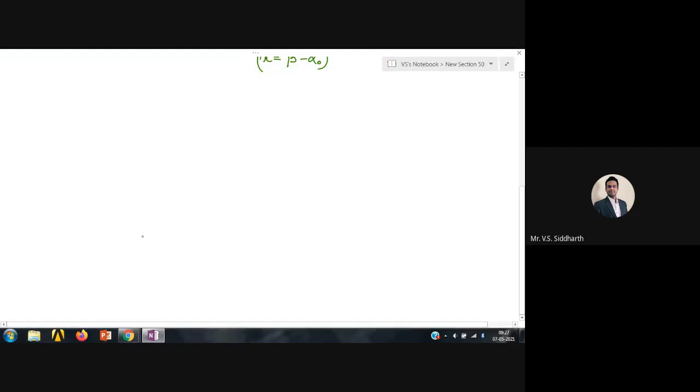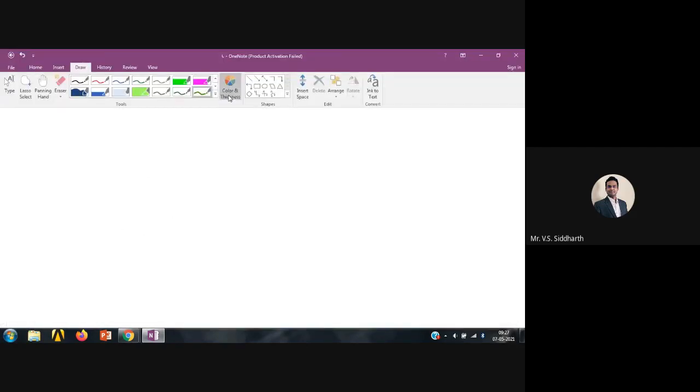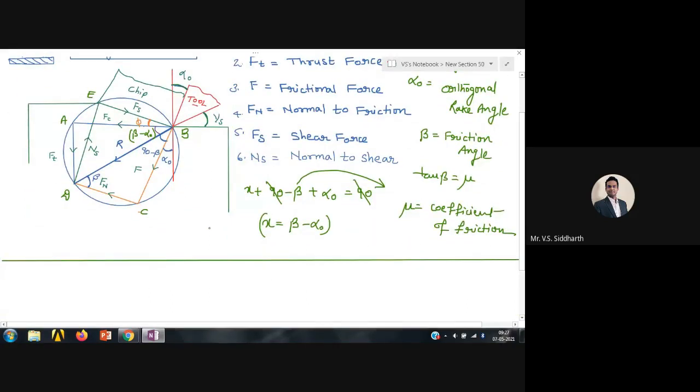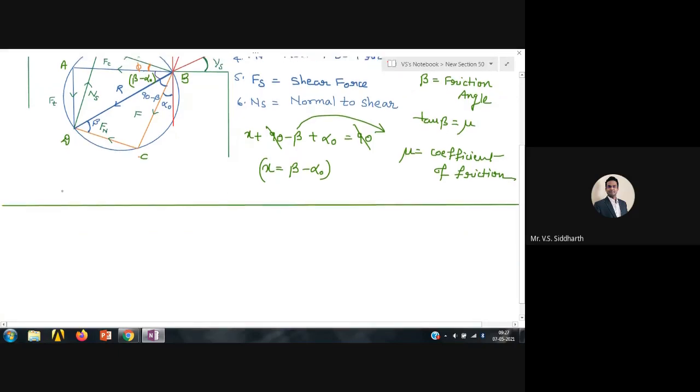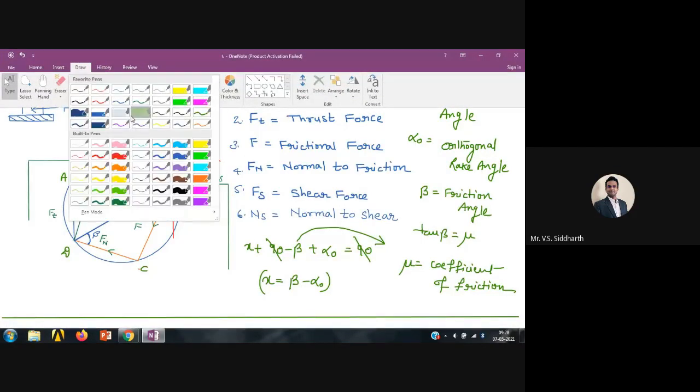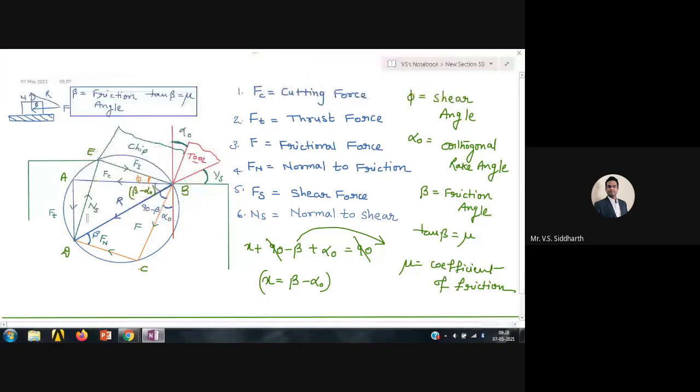Now, I will do the force analysis. This is very, very simple. What I will be doing is taking the triangle in which I am having force Ft, Fc, and the resultant.